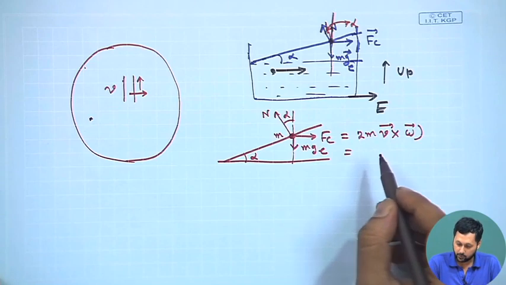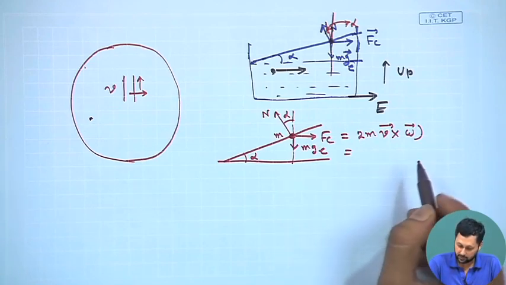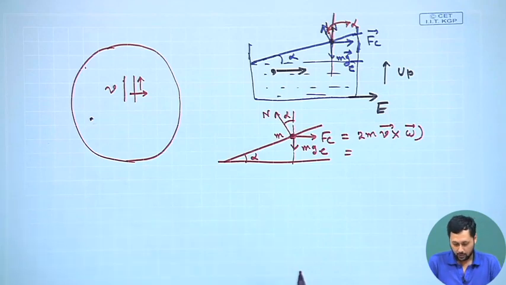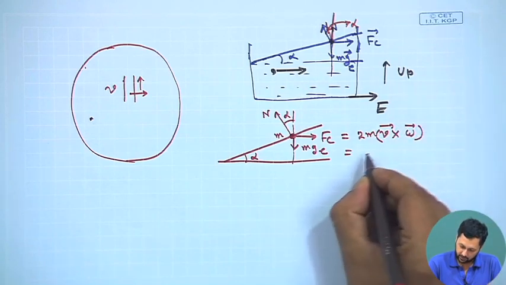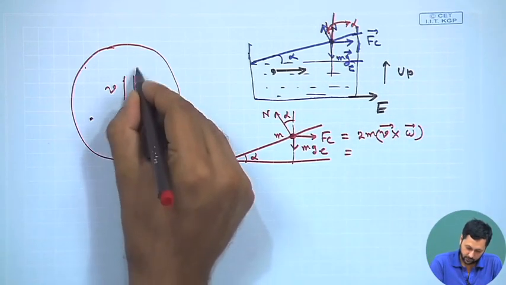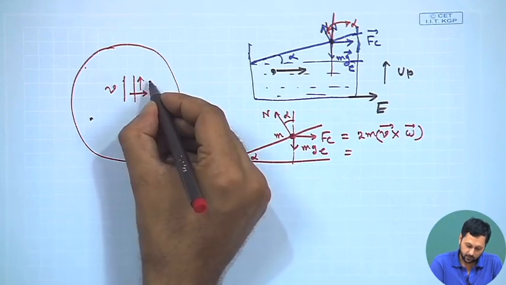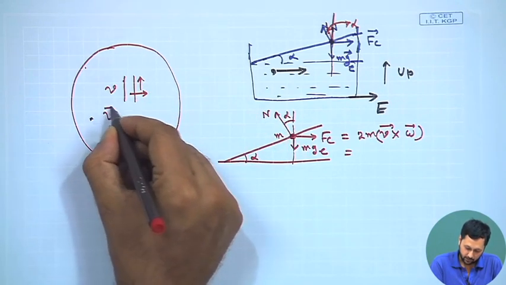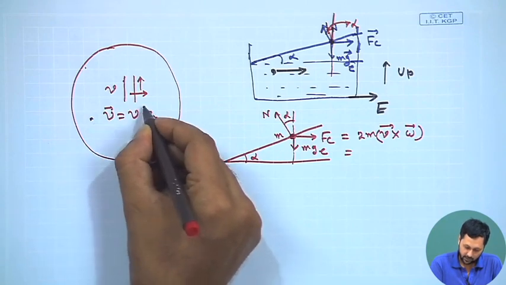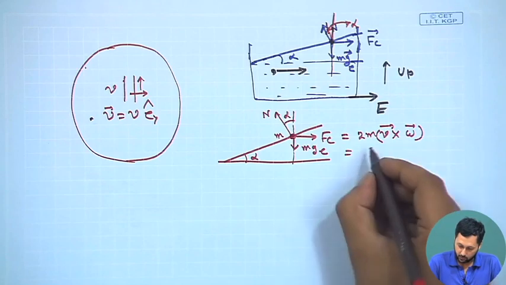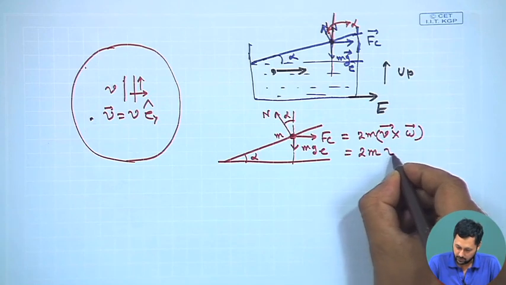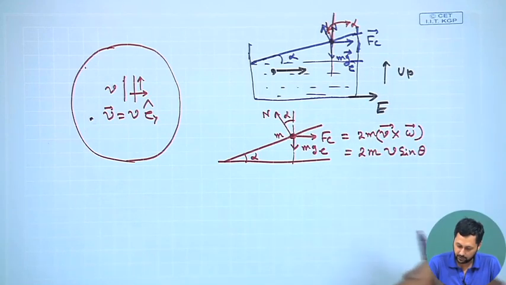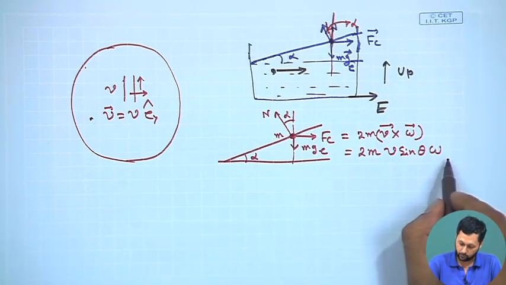The component along north will not come into the picture, because the velocity v is towards the northern direction, and northern direction is always given by y. So, v can be written as v e_y cap. The only component which will survive is the z component, which will be v sin theta times omega. This is the magnitude of the Coriolis force.